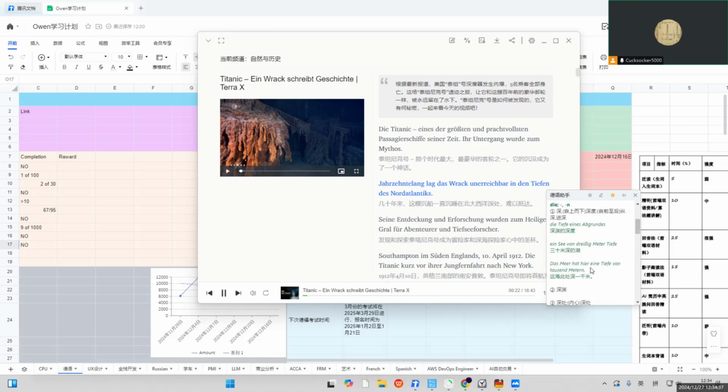Das Meer hat hier eine Tiefe von 1000 Metern. Okay. Wir haben das Wrack des Schiffes in 90 Meter Tiefe gefunden. Okay. All right, so this might be something wrong here. This should be die Tiefen des Nordatlantiks instead of den Tiefen. Okay. All right, this is a North word, North Atlantic.